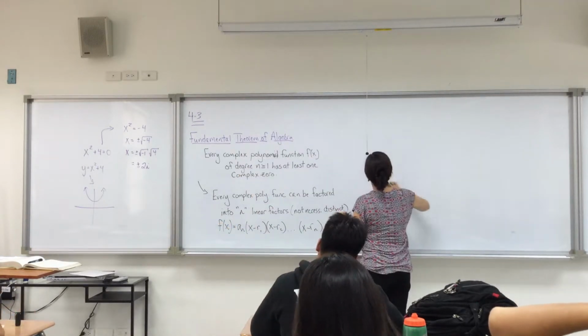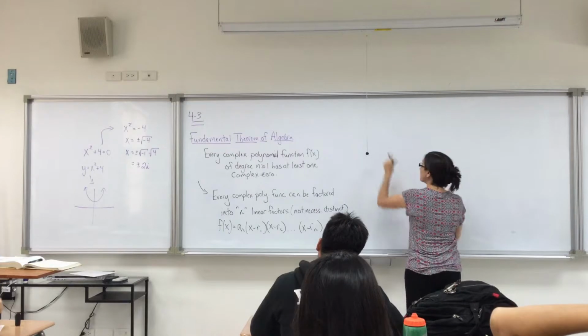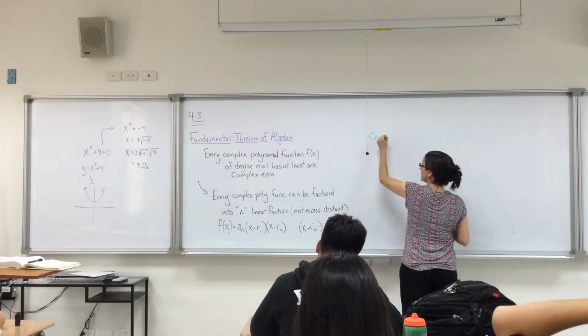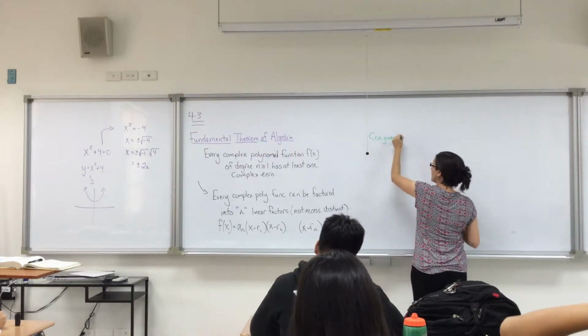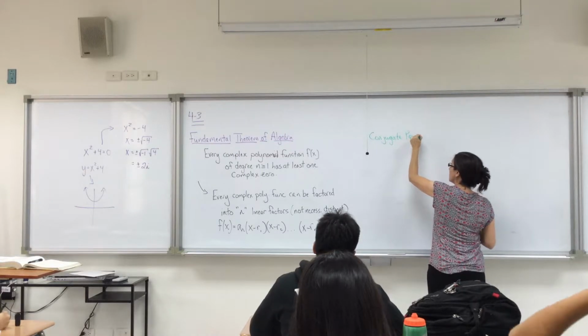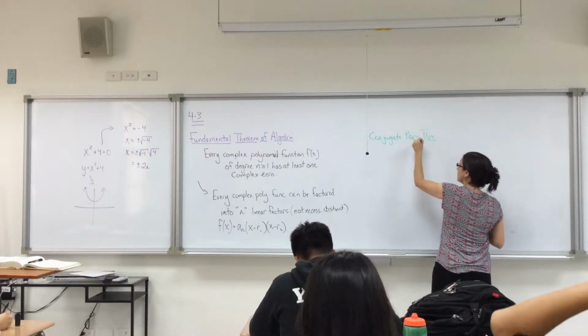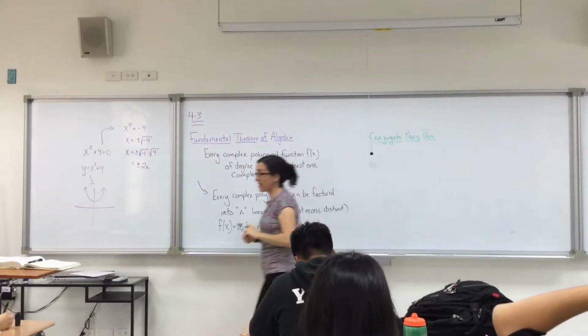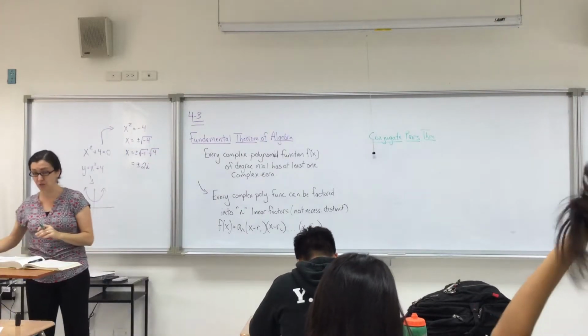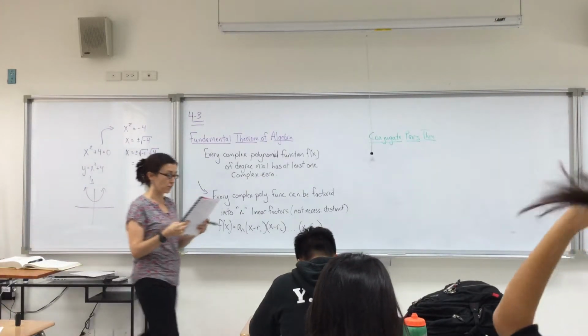Let's write that down. It's called the conjugate pairs theorem. It's kind of nice. It helps you figure out all of your zeros and helps you find the function easier.